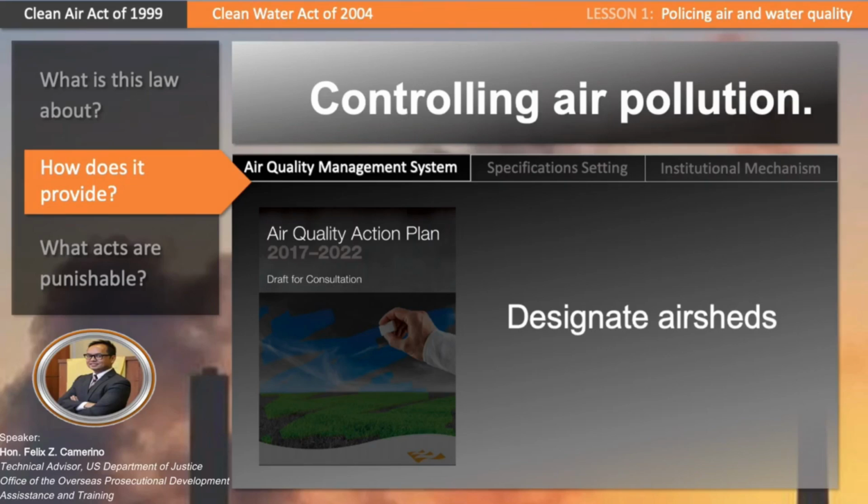So the effort to designate airsheds is an ongoing activity. This action plan provides for the means. It suggests the rules, the criteria, that sort of thing, so that airsheds could be effectively designated.